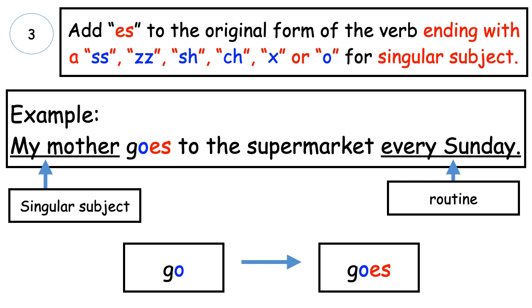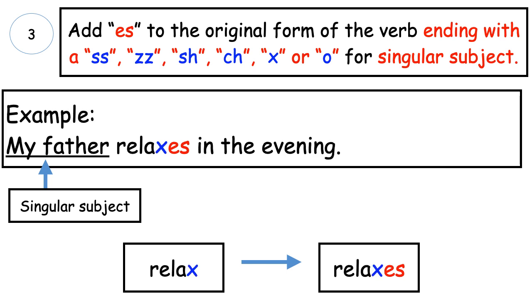Okay, tengok kata kerja. Dia berakhir dengan O. So kalau dia berakhir dengan O, sudah tentu kita tahu kan, perlu tambah S. Bukan S, bukan IES, tapi ES. So, we have to add ES. Go becomes goes. Alright? Okay.